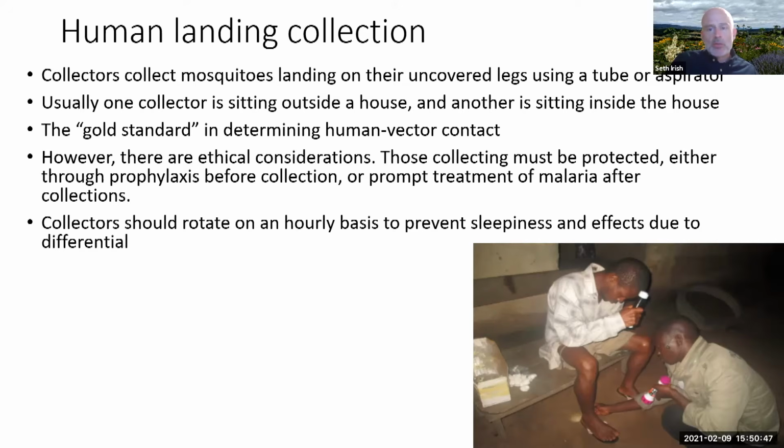So I want to emphasize that when you're doing human landing collections, you should consider not only the disease you're interested in, for example malaria, but also any other vector-borne diseases that may be out and about. It's important to protect the people doing the collections just as you want to protect the general population.